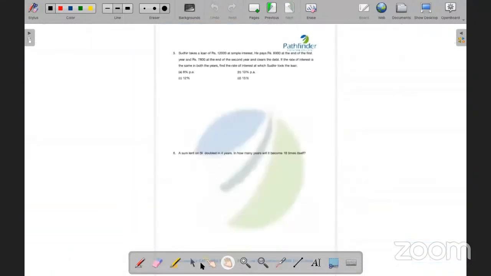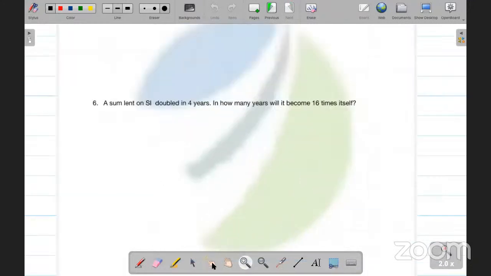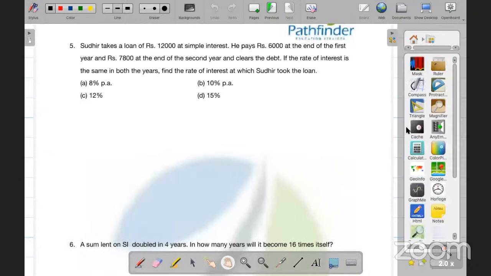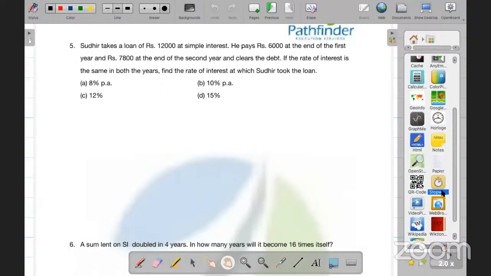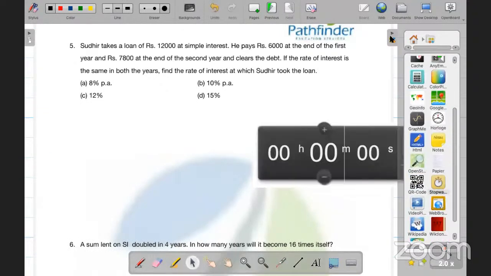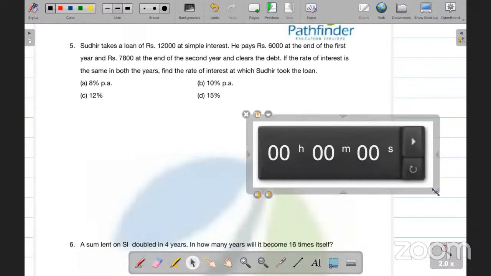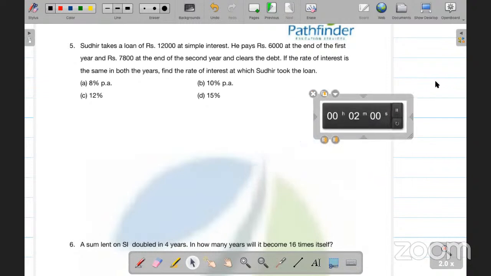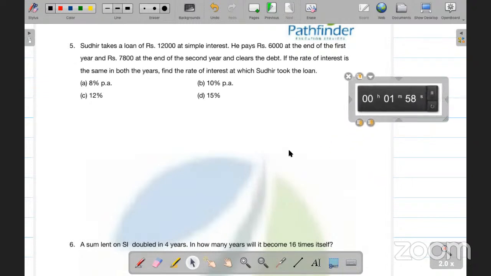Next. Let us try to solve this question. It is a similar question, but based on simple interest this time. And your time starts now. Try out this question.